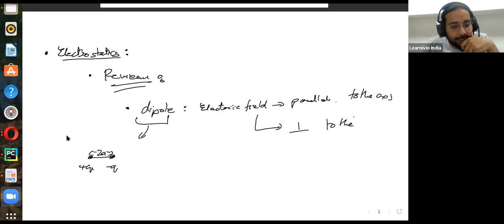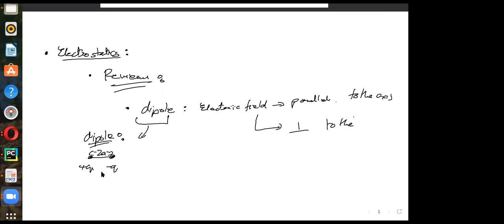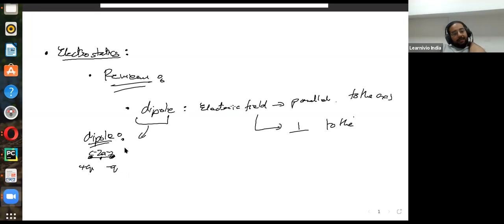So you had this dipole which had these two charges, 2a distance apart. To characterize a dipole, we defined a quantity denoted by p, the dipole moment, which is a vector quantity.